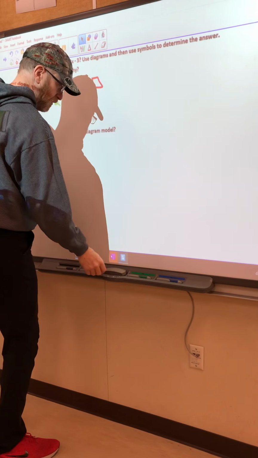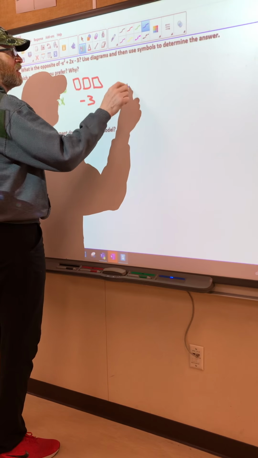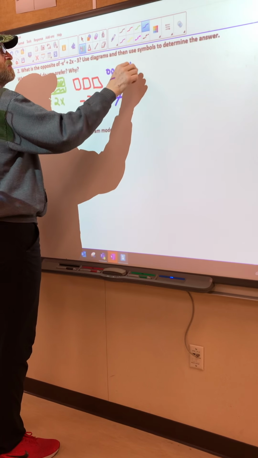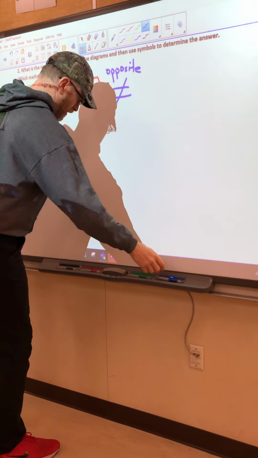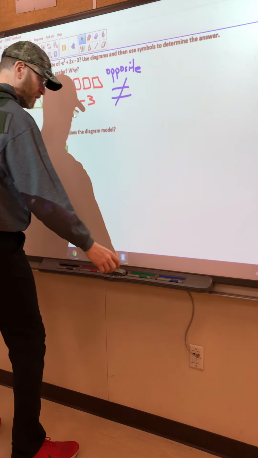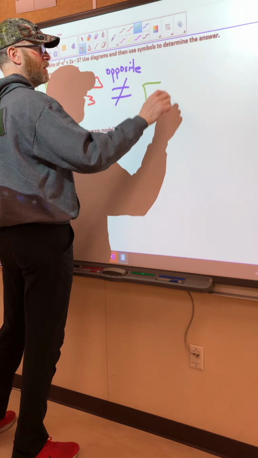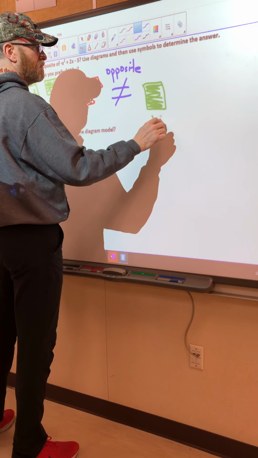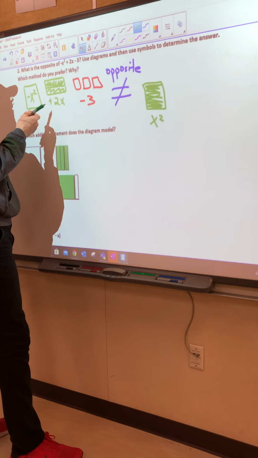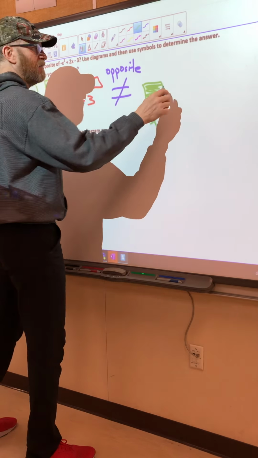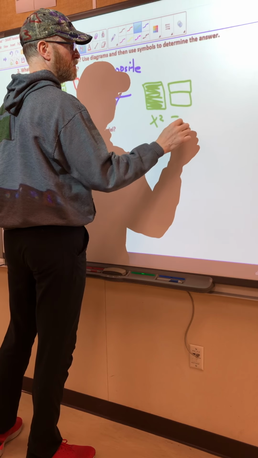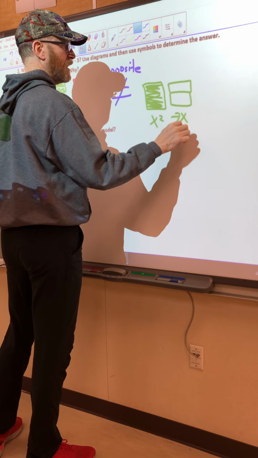So, yeah, we'll do does not equal, is the opposite of, let's see here, 1x squared and then 2x, so we have negative x, negative 2x, right?